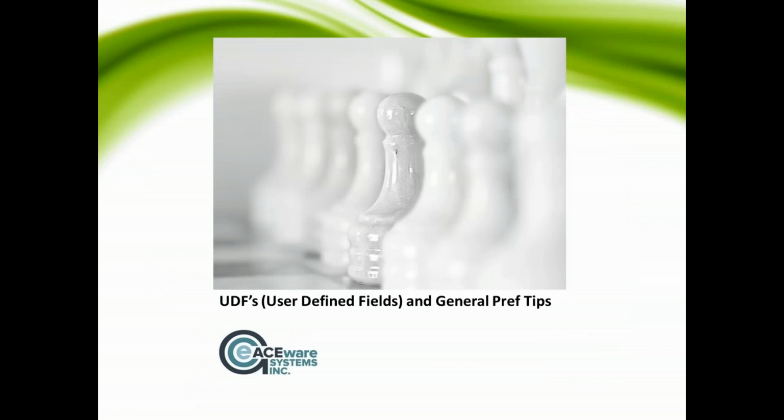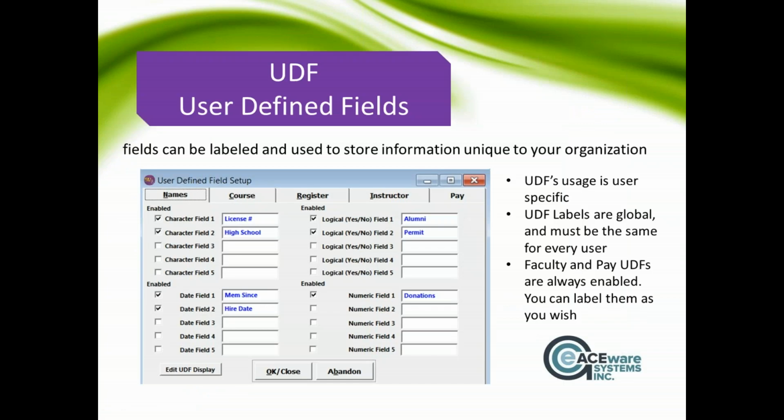All right, well, that really moves us through the org defaults here. So let's wrap up with a couple of tips on user-defined fields and some general preferences. Certainly, part of your preferences, although this typically happens more in the initial setup and you don't revisit it, is your user-defined fields. Within the user-defined field area you have the ability to label the different user-defined fields: name, course, register, instructor, and pay.